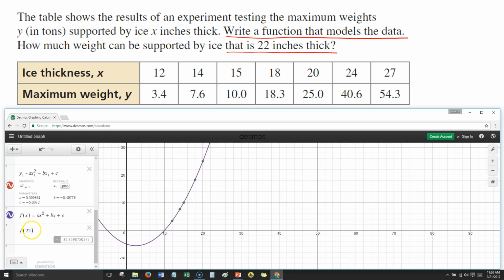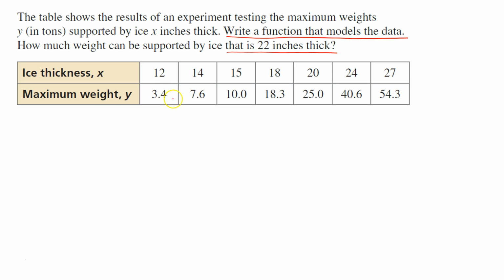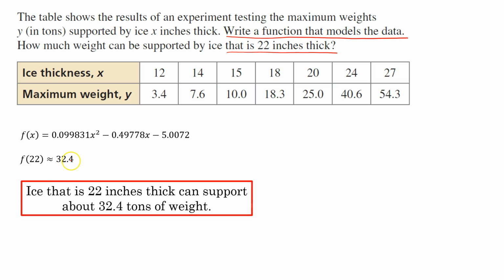And at 22 inches of thickness, we're looking at about 32.4 tons of weight as our maximum. So there's my function. f of 22 is about 32.4. So ice that is 22 inches thick can support about 32.4 tons of weight.